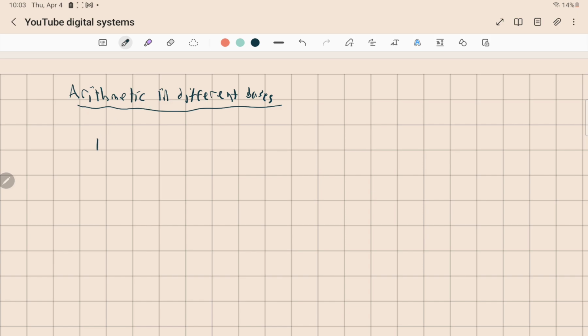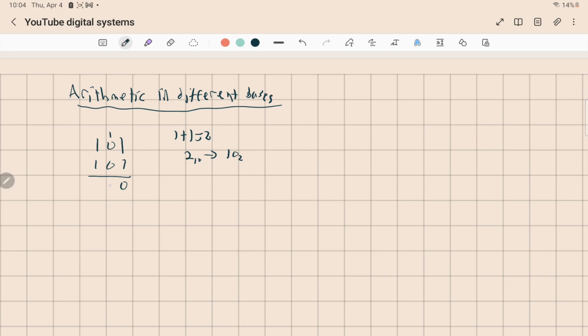So let's say we have a number 101 and 101. So what happens is 1 plus 1 is going to be 2. Since 1 plus 1 equals 2, and 2 in binary is 1, 0, therefore this gets a carry, and this is 0.